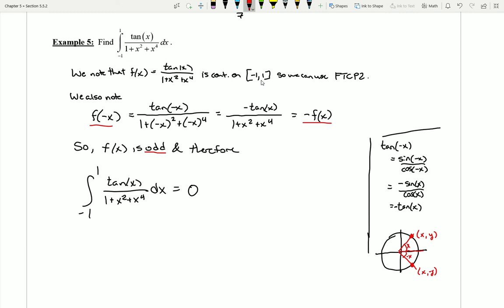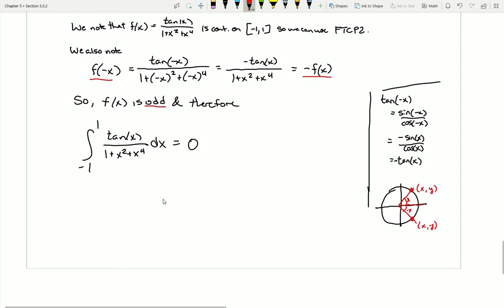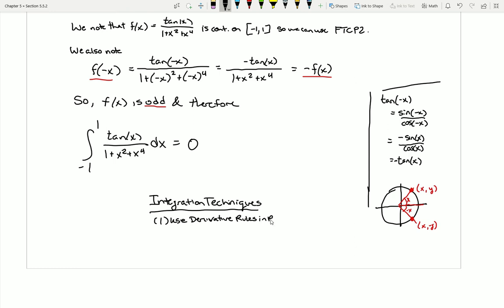So now when we think about that list of integration techniques, I'll summarize it down here one final time. Our integration techniques that we have so far are: 1. Use derivative rules in reverse.